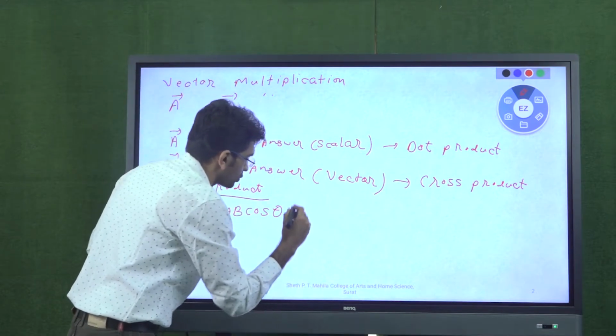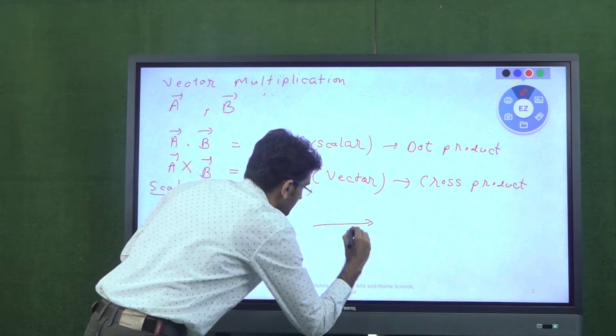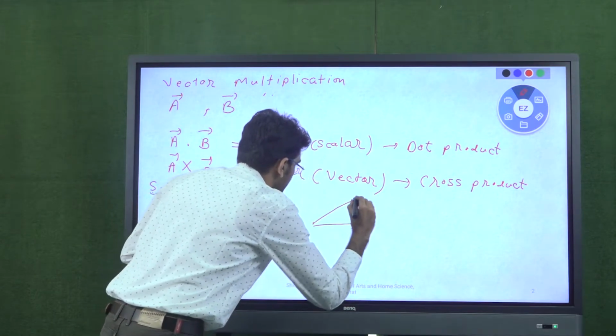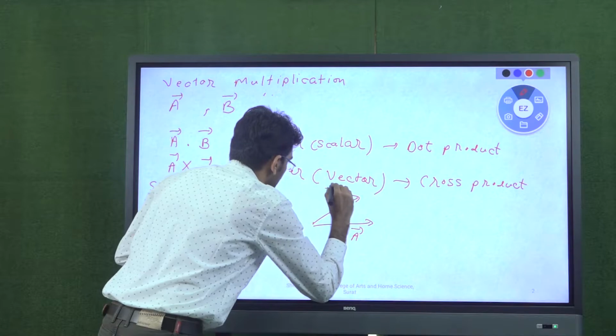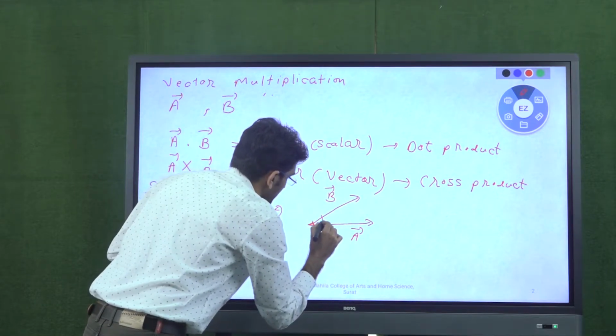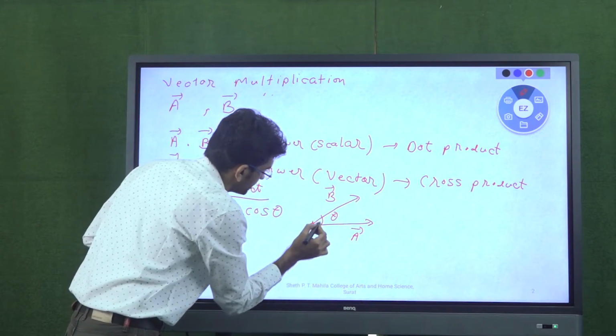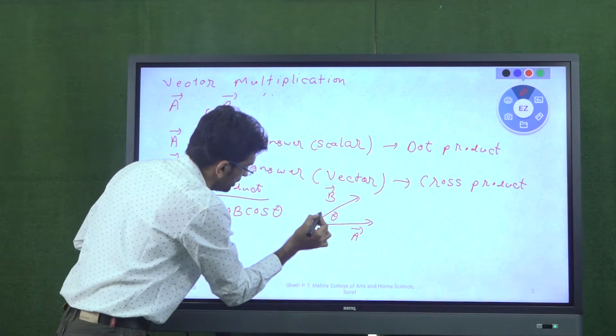Let's say I will draw two vectors here. This is my vector A and this is my vector B. If the smallest angle between these two vectors is theta, there can be two angles here, from here to here and another from here to here.